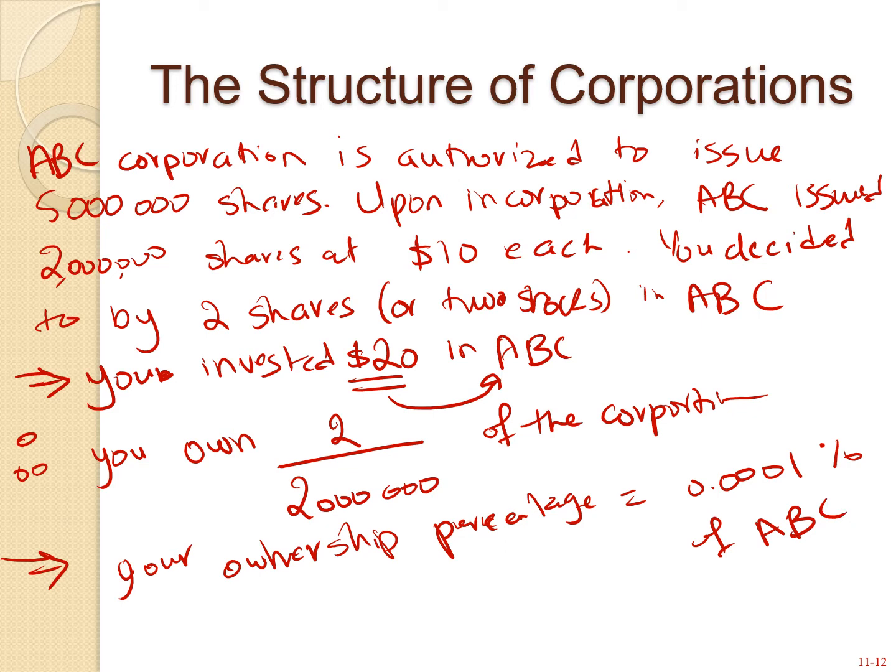So when we say that, for example, Bill Gates owns 5.1% of Microsoft, this is an extremely big number. This is a huge fortune of money. So this was just to motivate the concept of corporations and stocks and ownership percentages for you.